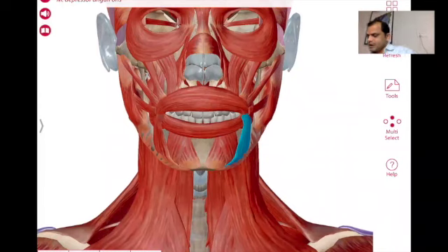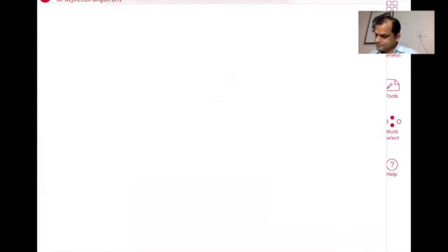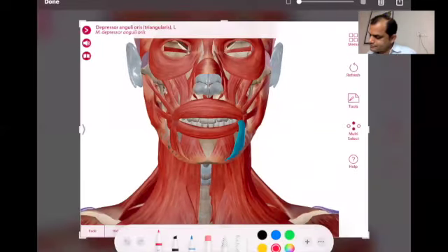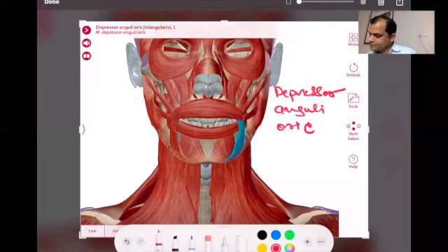So this muscle is called depressor anguli oris, and we have this muscle on both sides, this side and this side. That's why we make the image like that.